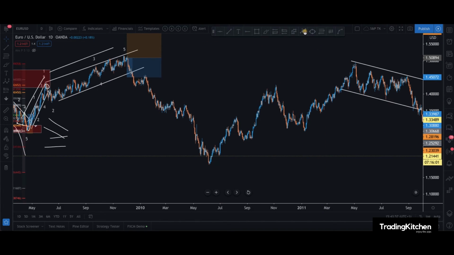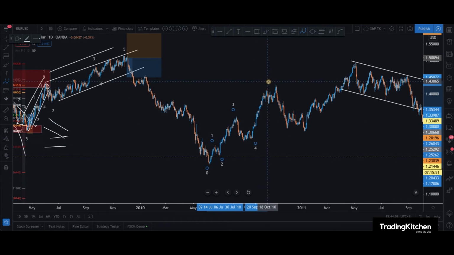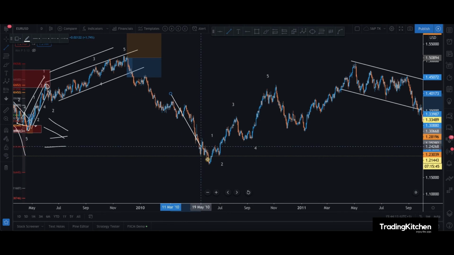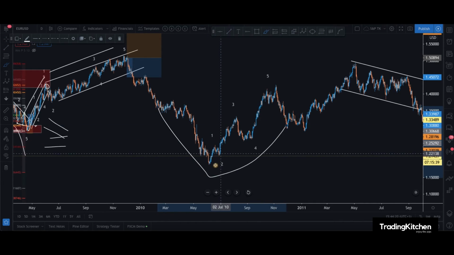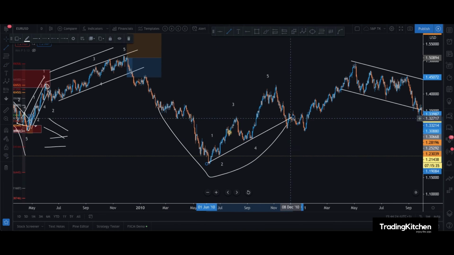This could be another good example that I forgot to highlight. 3, 4, 5. So impulse down, channel up, and this is a channel.